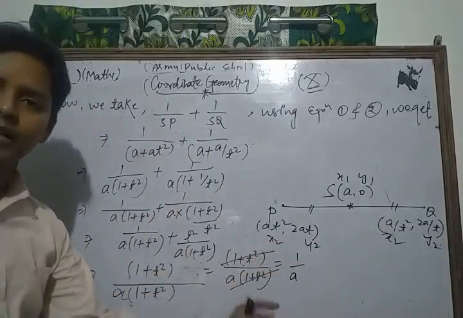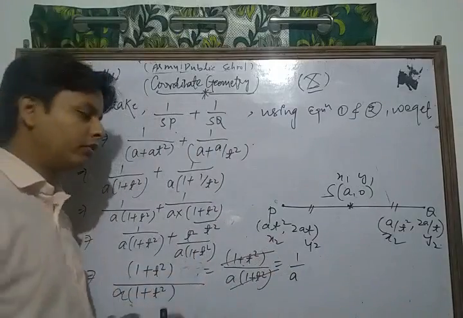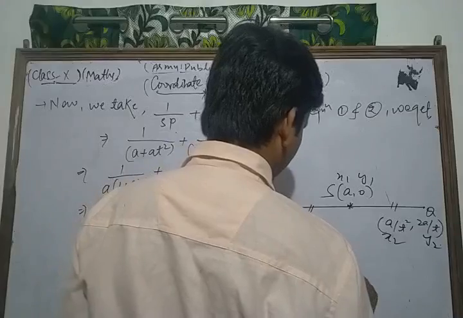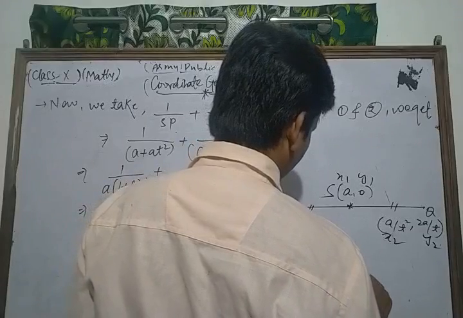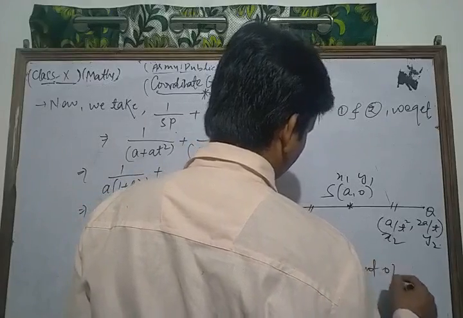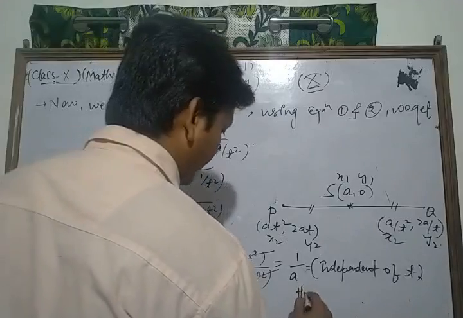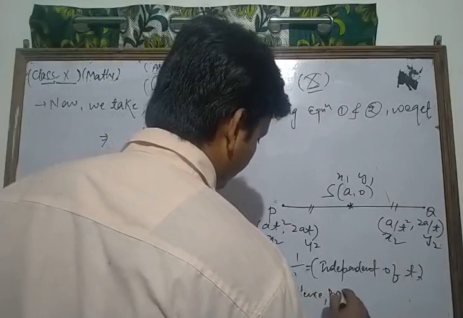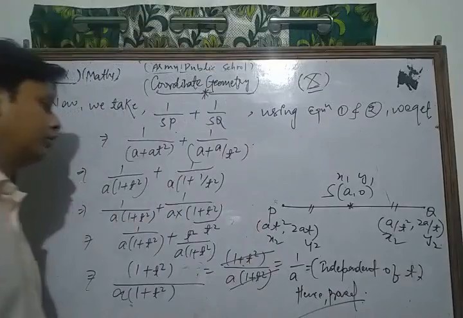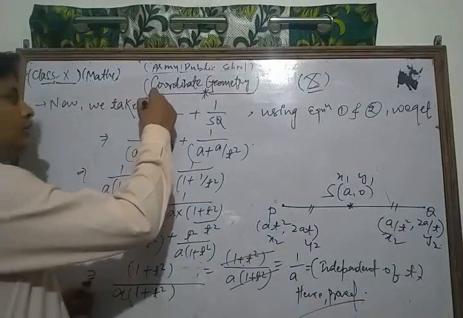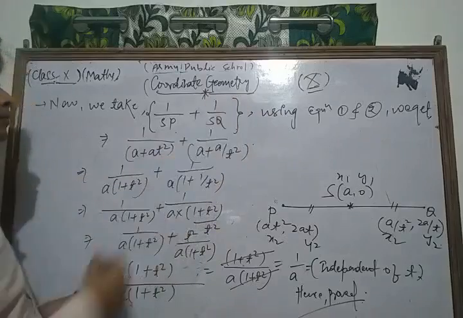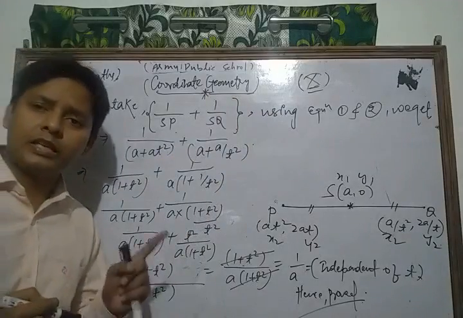And 1 upon a is the value which is independent of t. Hence proved. We have to show that the expression 1 upon SP plus 1 upon SQ is independent of t.